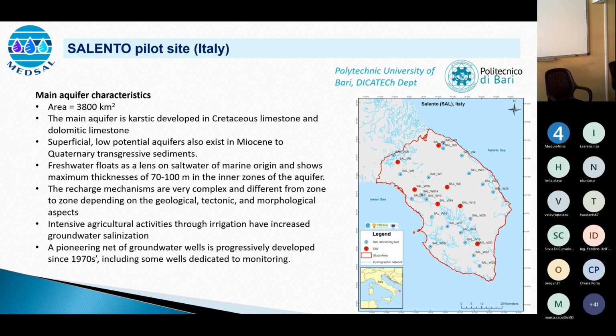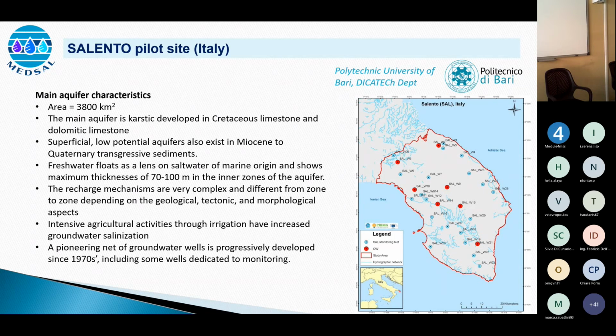We can conclude about the limit of the Salento aquifer that in the past we had the idea that the boundary of the Salento aquifer was the limit of the Salento Peninsula. It's not really true. The last findings led to the conclusion that the limits of the Salento aquifer coincide with the Salento province.